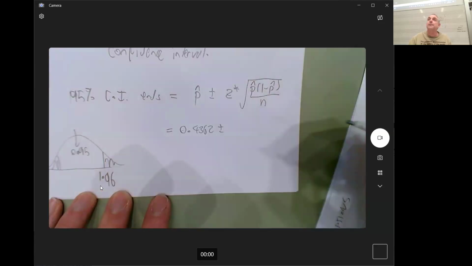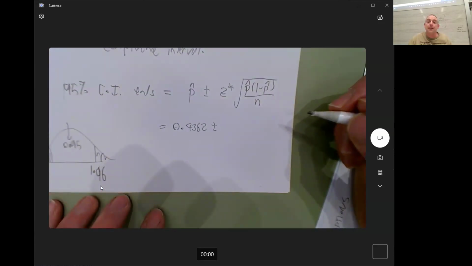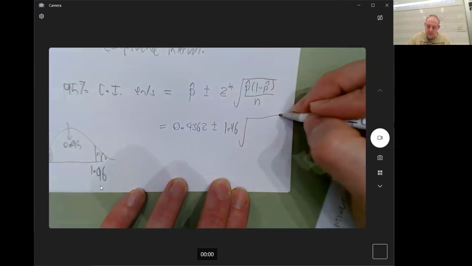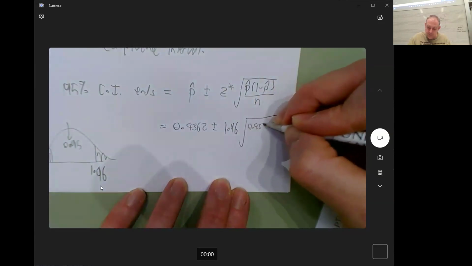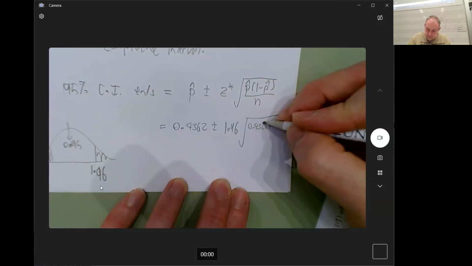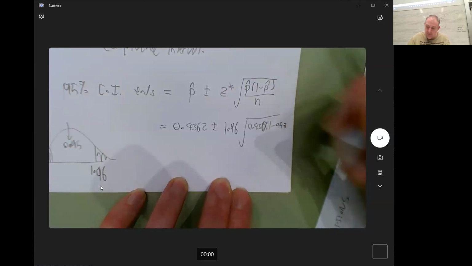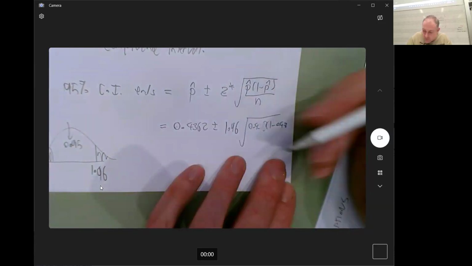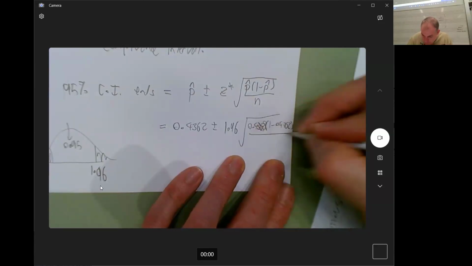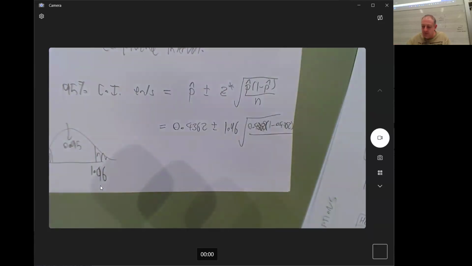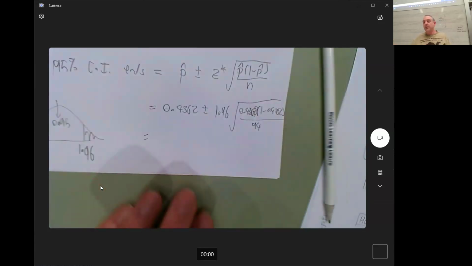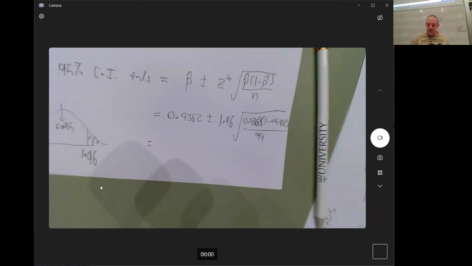It's 1.96. What was the n? 94. Oh, wow. So I have to do this calculation with the plus and do this calculation with the minus.